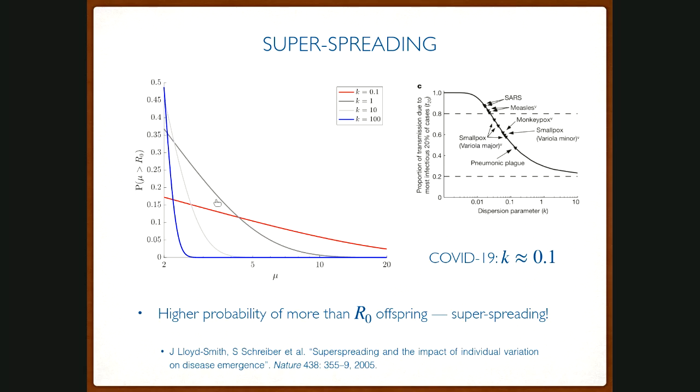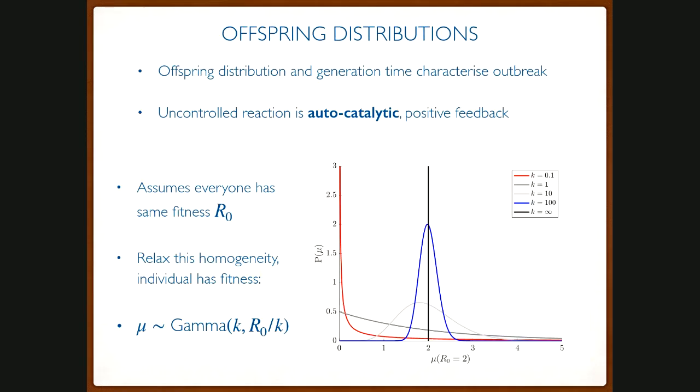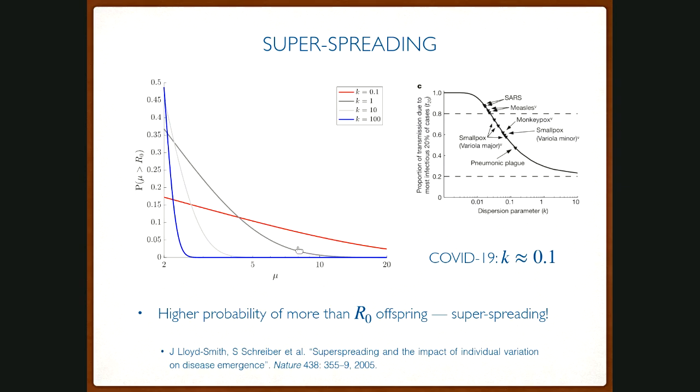Going back to these distributions with their various k values, for abusive notation, this k in no way relates to the reaction rate we were talking about in the first half of the talk. If you look at these distributions, as k decreases, they start to be pushed up towards 0. But it also means that down on the tails you're going to have different behavior.